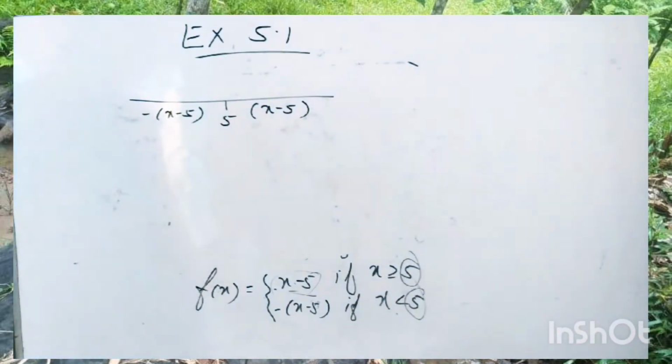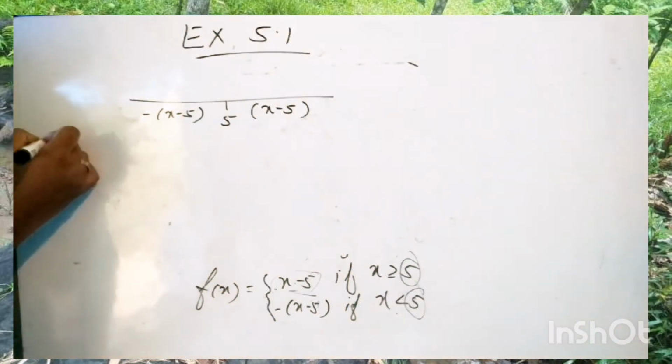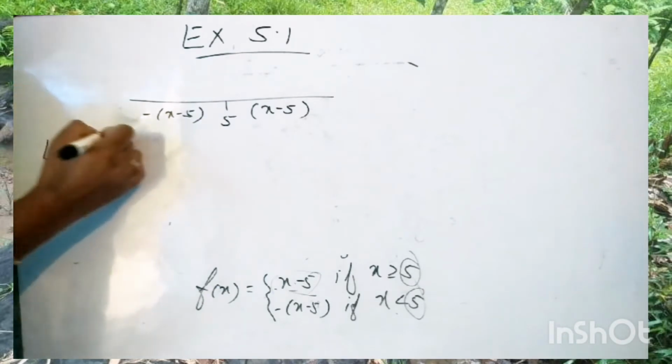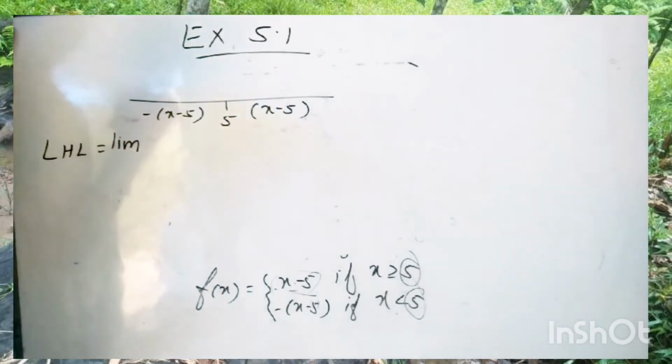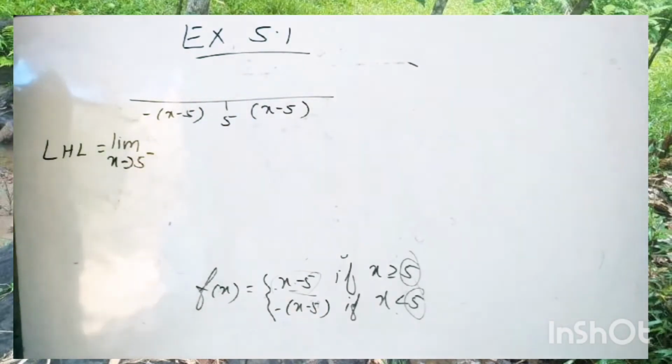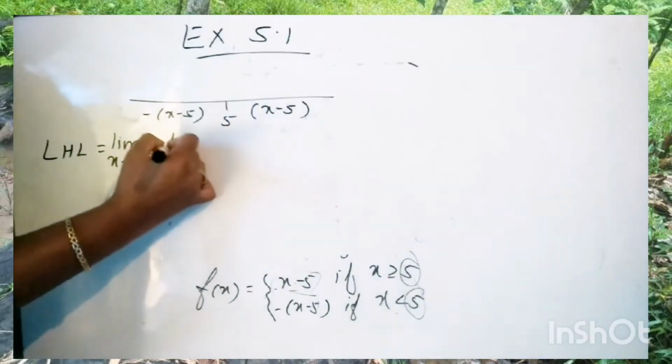Now if you want to check the continuity here, we need to find the left hand limit and right hand limit. So first I am going to find the left hand limit at x is equal to 5. So limit x tends to 5 minus, since it is left hand limit, f of x.